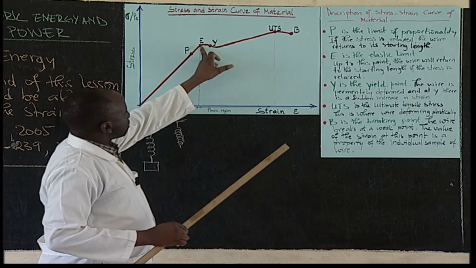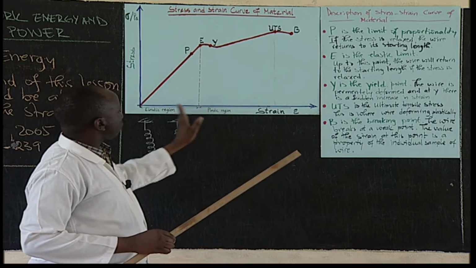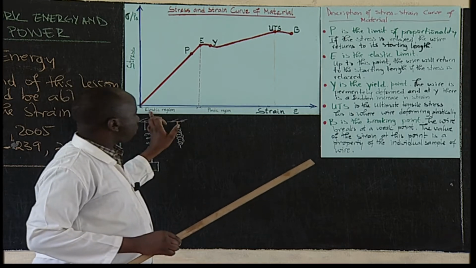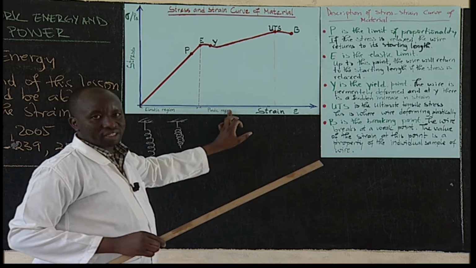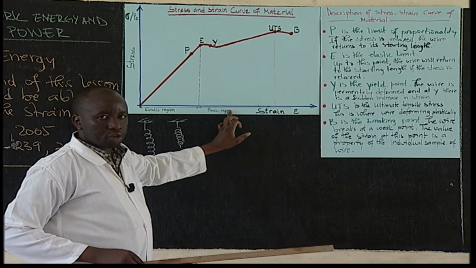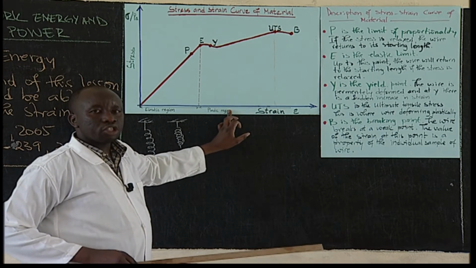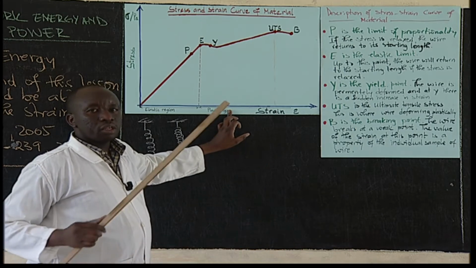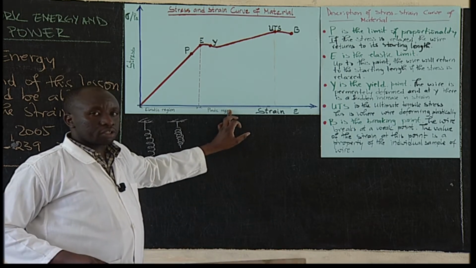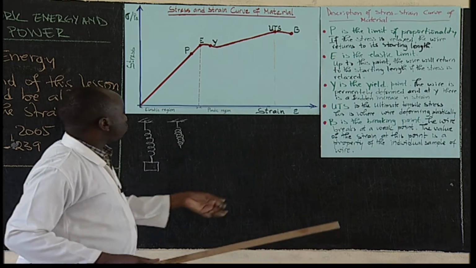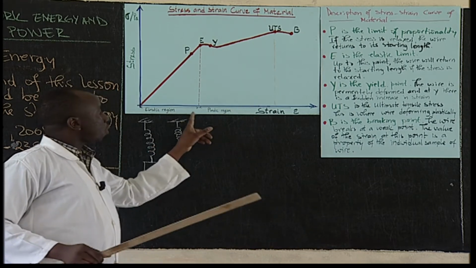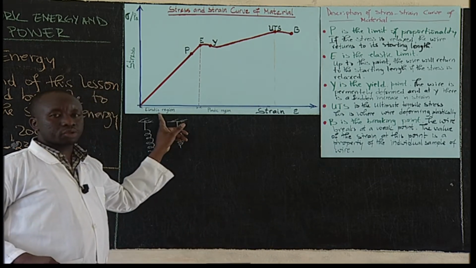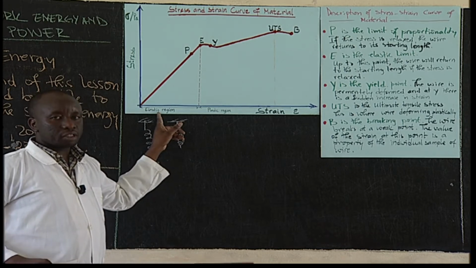And now we have two regions here: the elastic region and the plastic region. Remember what we said about elastic deformation: when the load is removed, the object will return to its original shape.